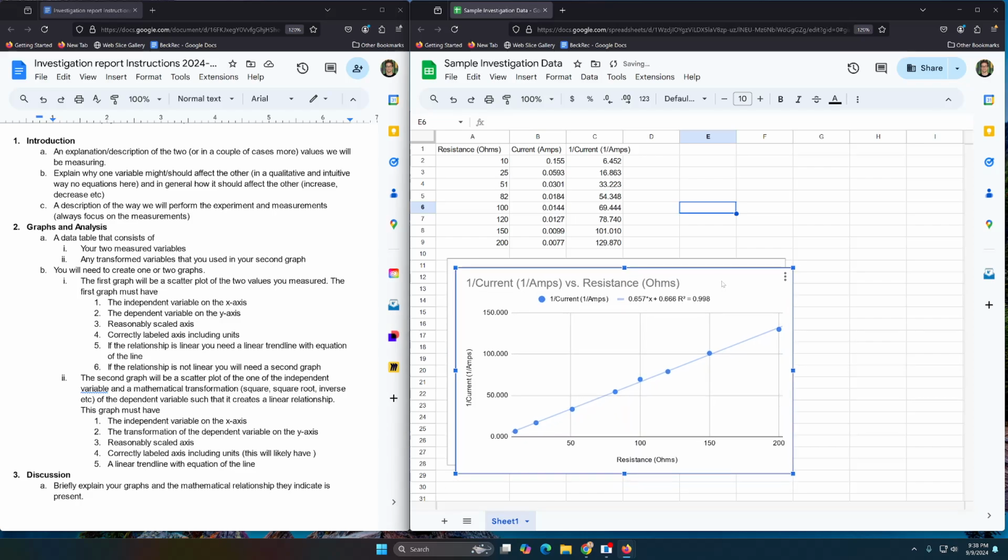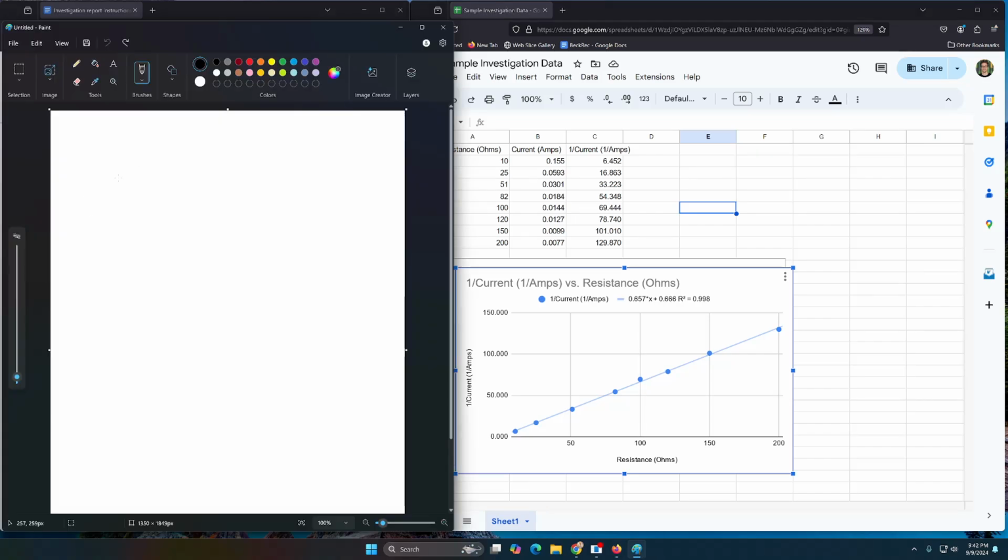So we have our slope, which is 0.66, and we want to see if that has any meaningful relationship to our experiment. And oftentimes it will. Slopes are important generally, especially if you have a linear slope like this.